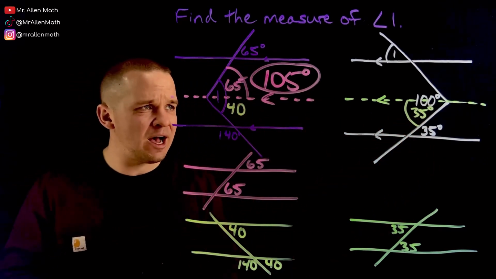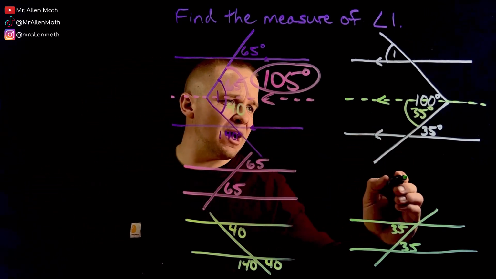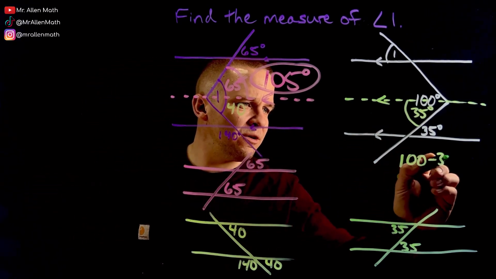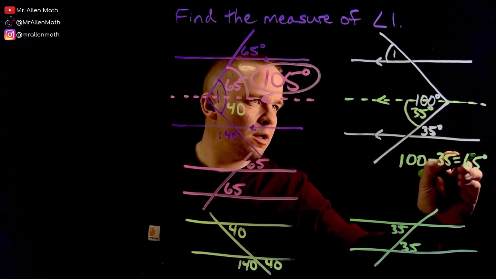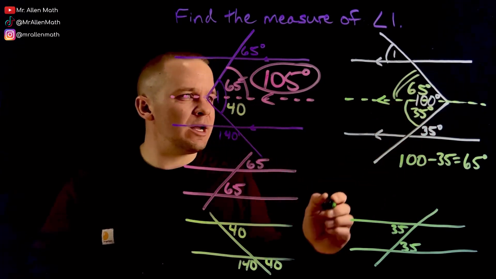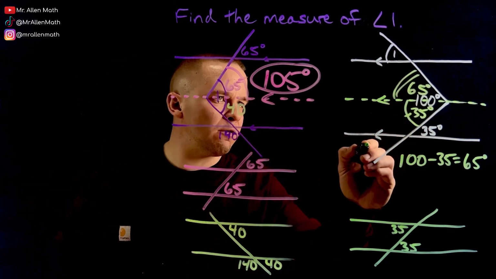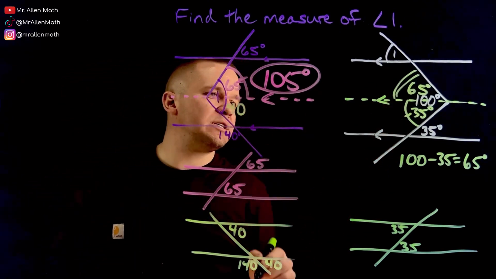The whole thing's 100. 100 minus 35, that's going to give me what? 65? That sounds about right. So this part right here is going to be 65 degrees. Let me make sure that I don't have the same angle markings there. That would have been bad. All right, so we've got 65 degrees.